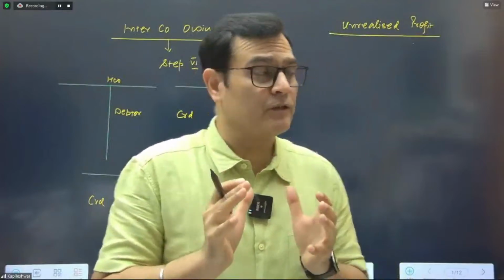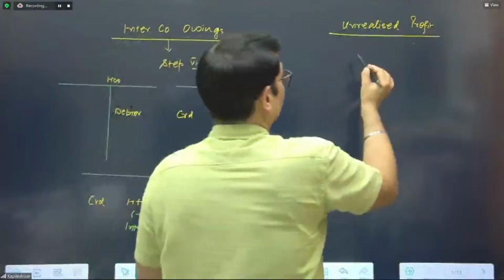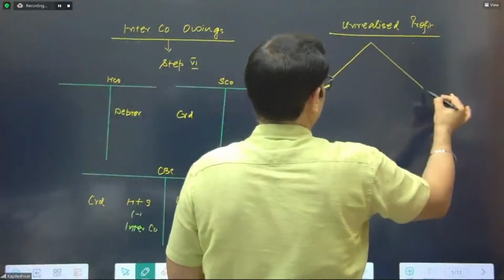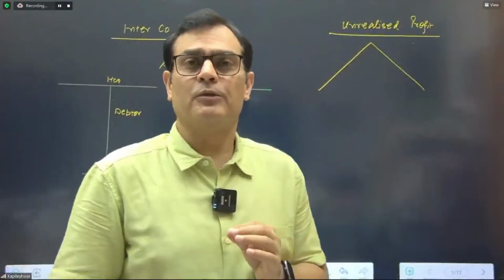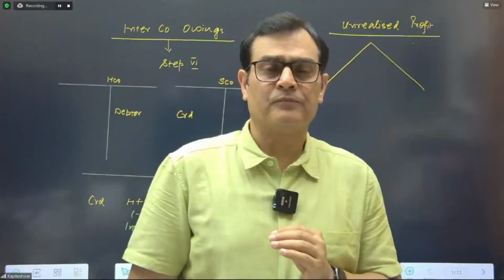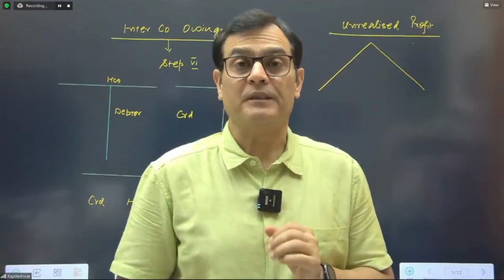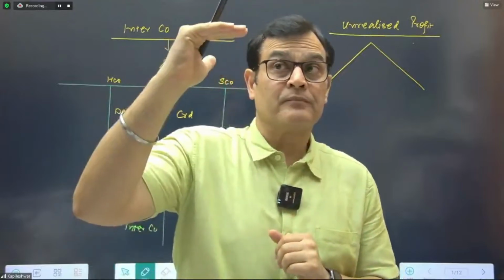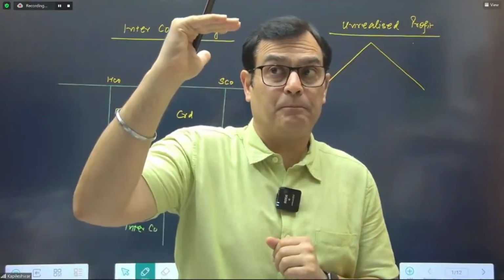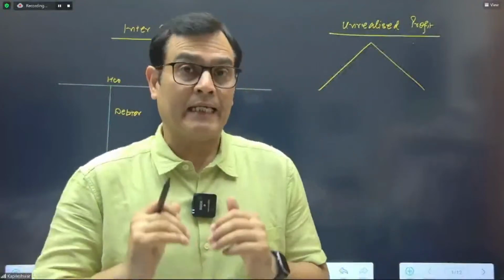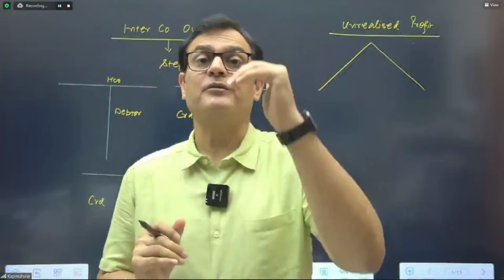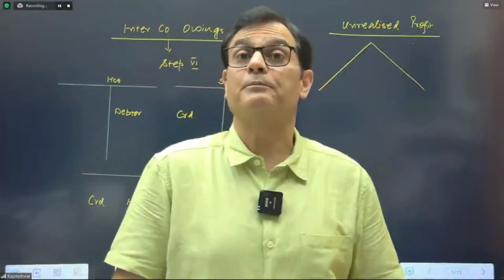Now, you need to be careful when it is unrealized profit, because we need to consider whether the transaction is parent to subsidiary, or subsidiary to parent. What we technically say is, if there is a transaction by parent to subsidiary, it is called downstream. And if it is a transaction from subsidiary to the parent, it is called upstream.